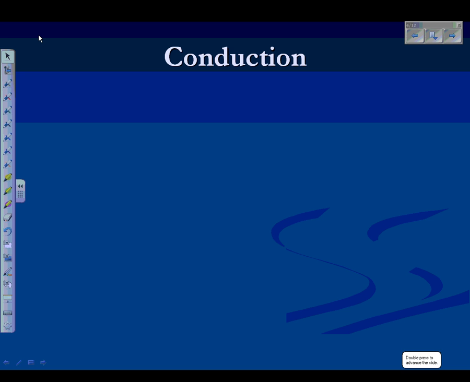Let's talk about, sorry, we just went over again what heat was, heat being that transfer of energy. Now let's talk about how we accomplish that transfer of energy. The first way that we talk about a transfer of energy is by conduction. What's the requirement for something if we're going to transfer heat by conduction?